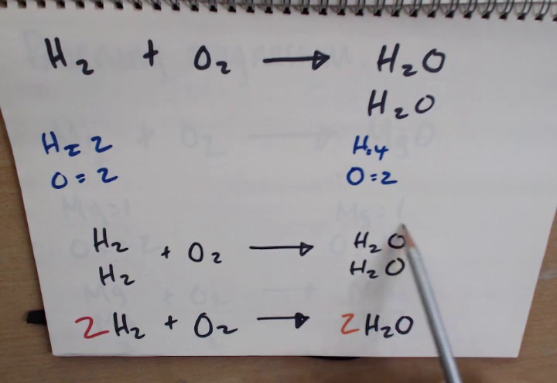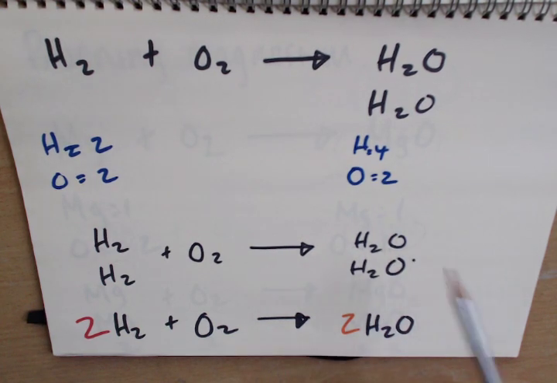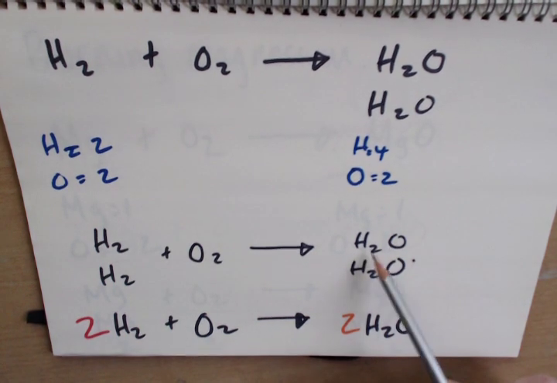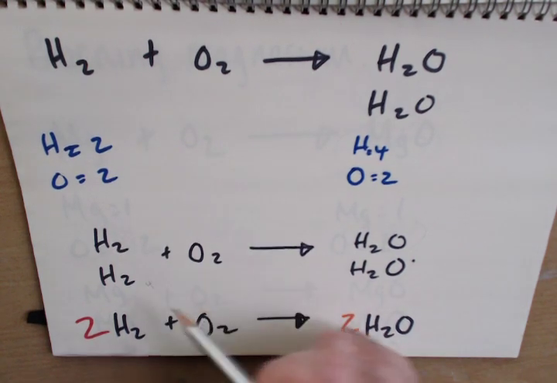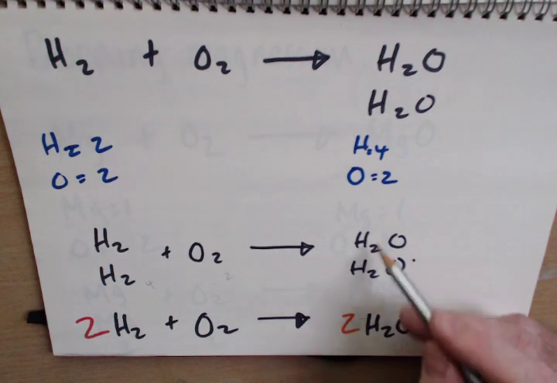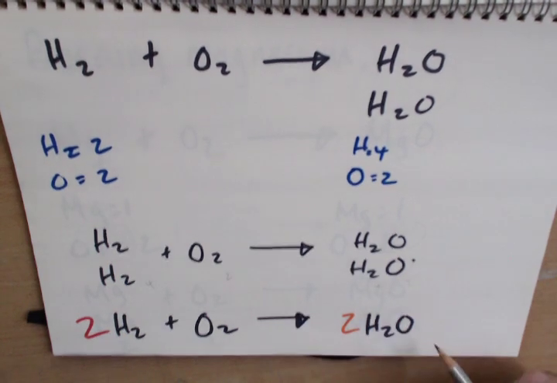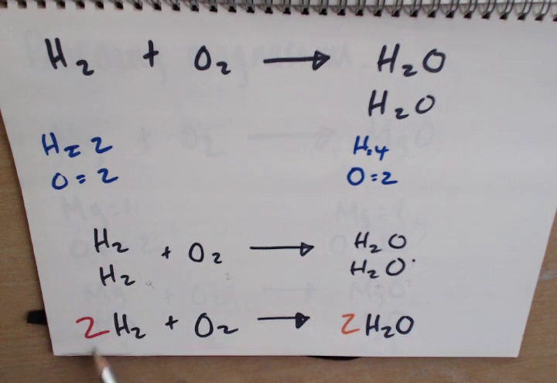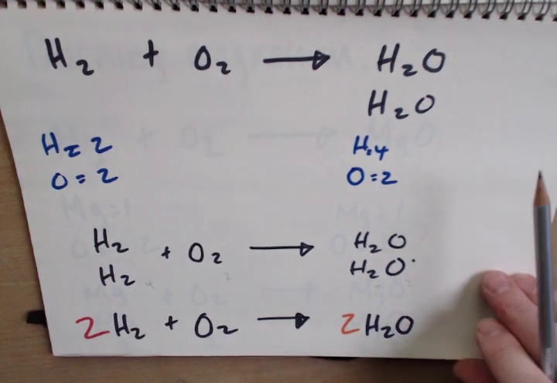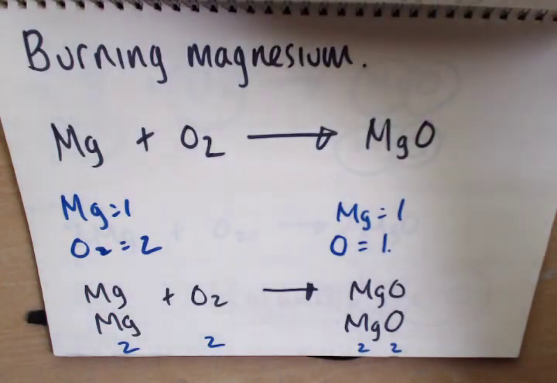And then we add another molecule of that. Don't forget we can't split these. So that becomes 4, and that becomes 2. So we've got 4 on one side, 2 on there, 4, 2. And instead of putting a 2 over the top like that, you put a 2 at the beginning.